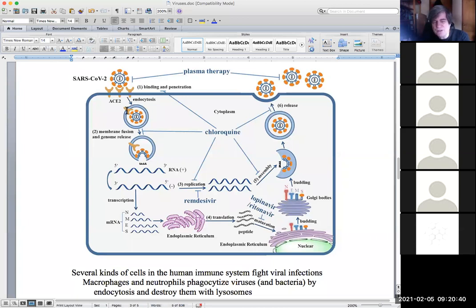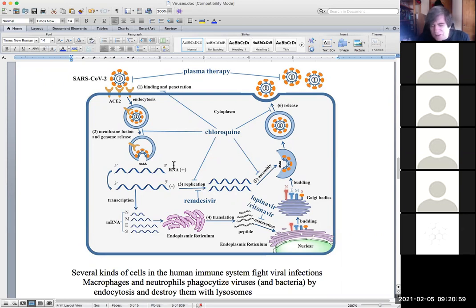So the virus has to attach, it has to enter the cell, and then once it enters the cell, the virus breaks apart and releases the nucleic acid. So this is showing our RNA.